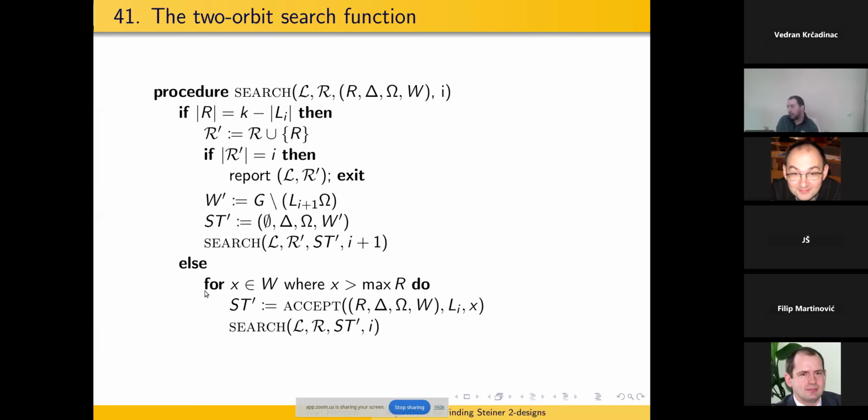And here search is actually the same as for the common group case. So we are just iterating through the whitelist from some point and accepting the element, taking into account the corresponding left part of the difference family calculated.